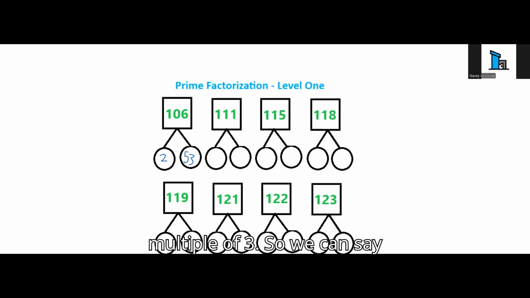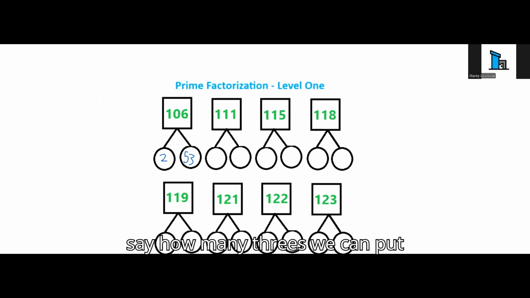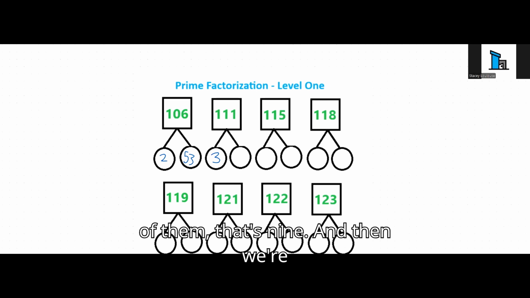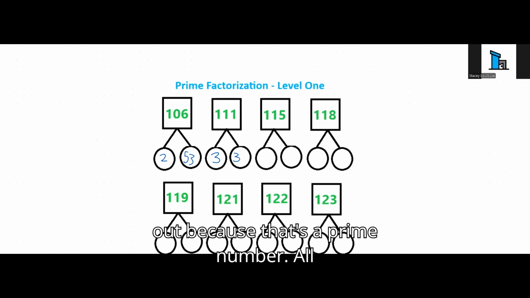So we can say it's 3 times something, and we'll just say how many 3's we can put in 11. We can put in 3 of them. That's 9, and then we're left with 2 and 1, 21. So we have 7, and that checks out because that's a prime number.